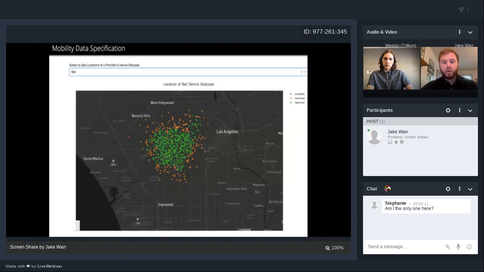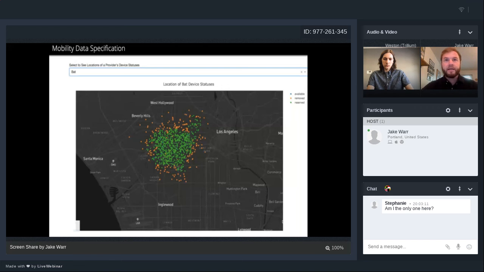They get that whole comprehensive view of a bike share fleet and the system. A lot of this information wouldn't be as useful to a user. Where a bike was removed from, I don't really care. I just want to see where a bike is and where, say, a service area is.